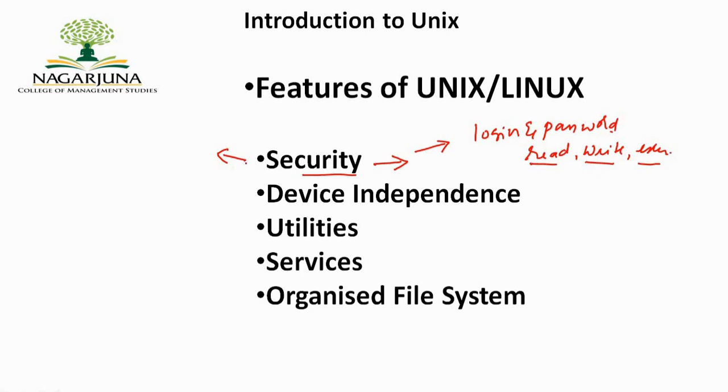The next feature of your operating system is device independence. Devices in Unix are treated like any ordinary files. We call them device drivers, which are software or programs that help us identify the components in your computer, especially through your operating system.